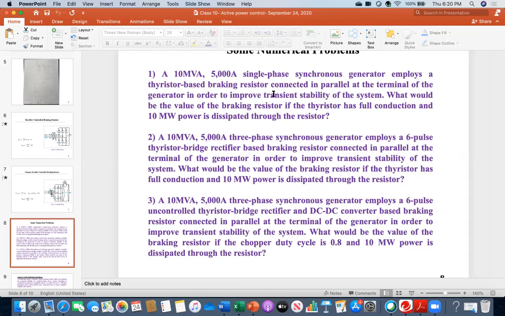It employs a thyristor based braking resistor connected in parallel at the terminal of the generator in order to improve the transient stability of the system. What would be the value of the braking resistor if the thyristor has full conduction and 10 megawatt power is dissipated through the resistor? That is the question. So you all solve and let me know what resistance value you are getting.